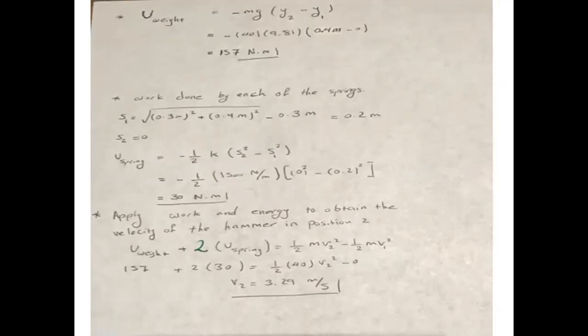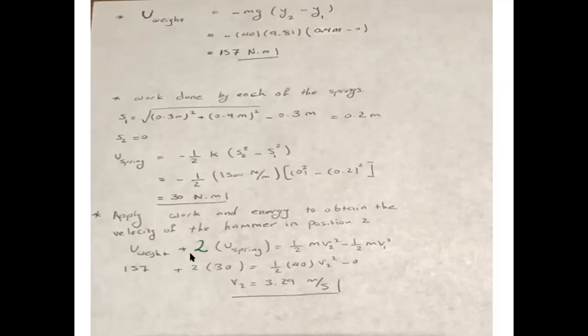The springs are unstretched in position 2, so s2 equals 0. So the work of the spring is 30 Newton meters. Now we apply the principle of work and energy to obtain the velocity of the hammer in position 2. We have the work of the weight and the work of the spring.